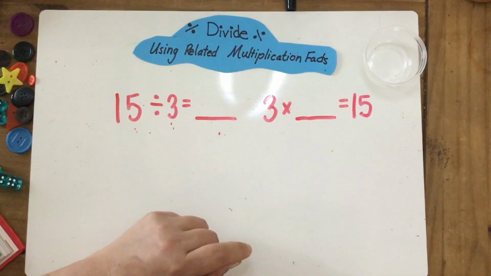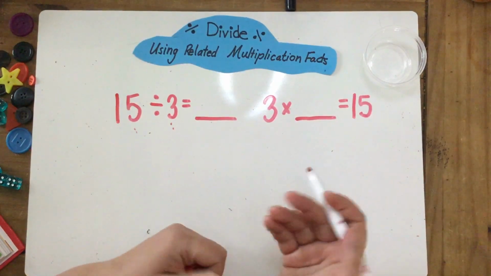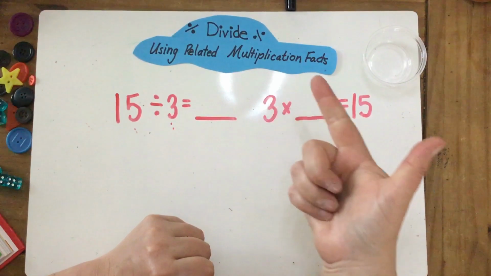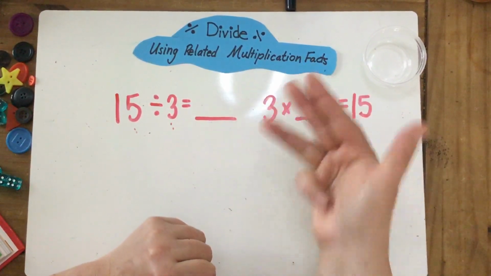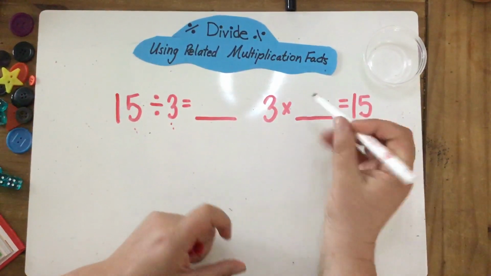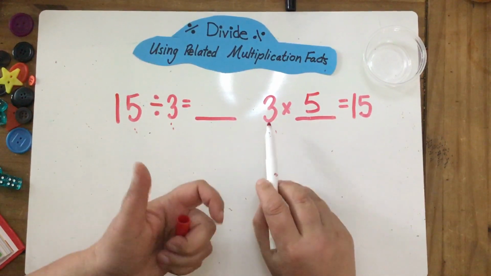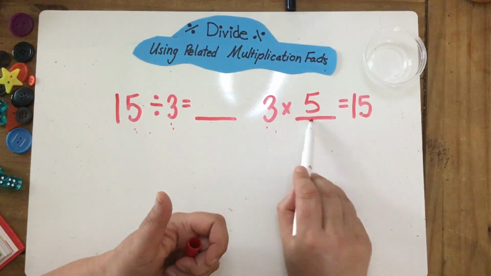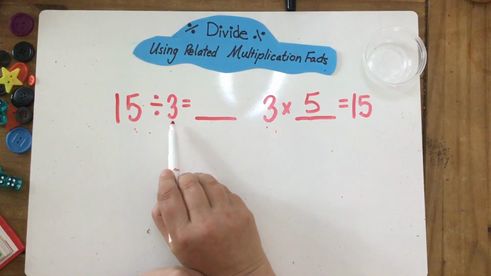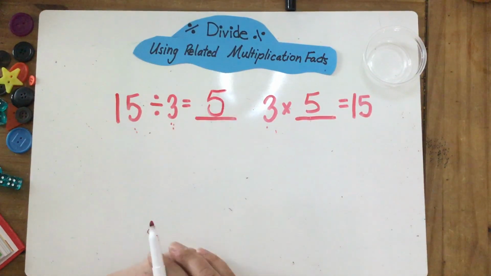So you can use your dot paper like that too. Circle how many 3s are in 15, or you could use a number line. I'm going to stick with my fingers. 3, 6, 9, 12, 15. Interesting. So I know that 3 groups of 5 equal 15, or we can even say 3 rows of 5 equal 15. So I know that 15 divided into 3 rows would equal 5 in a row.